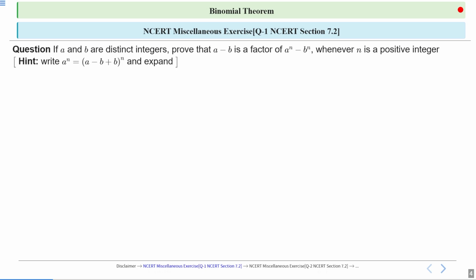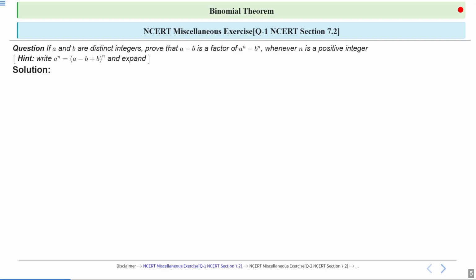First of all, think about this question. How would you solve it? Now let's see how to solve this question step by step.